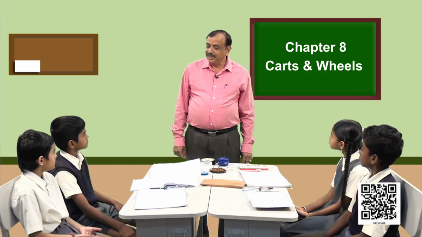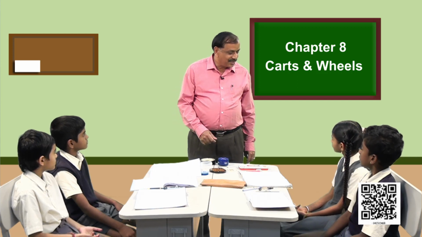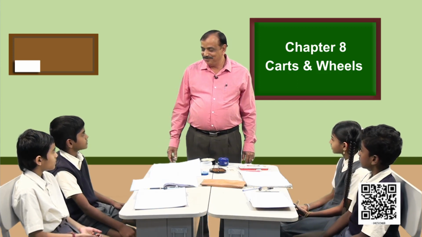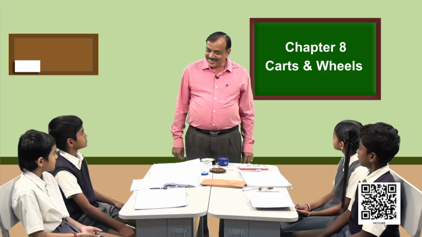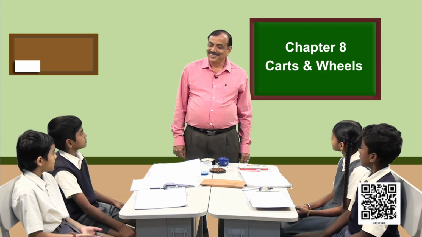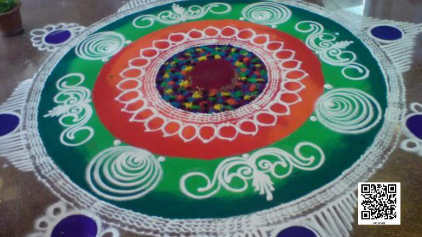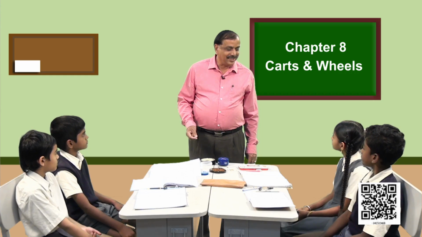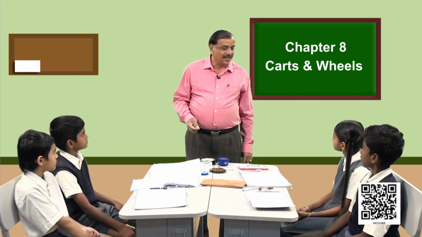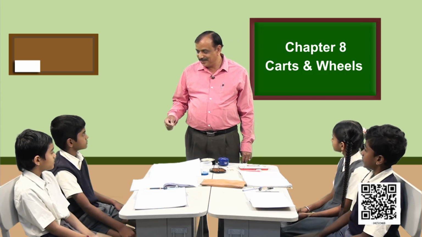Does your mother use circles for putting rangolis, or columns? Just verify. Sometimes your mother may also use circles apart from using lines. Discuss that with your mother and see how she uses circular patterns for her rangolis.